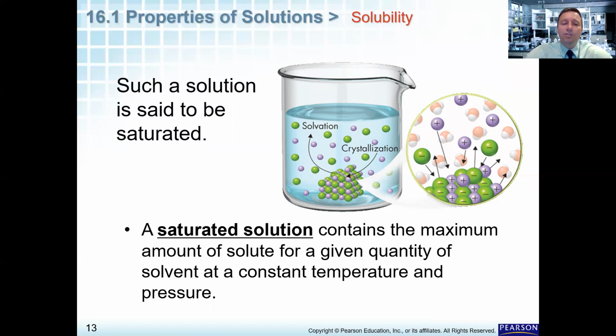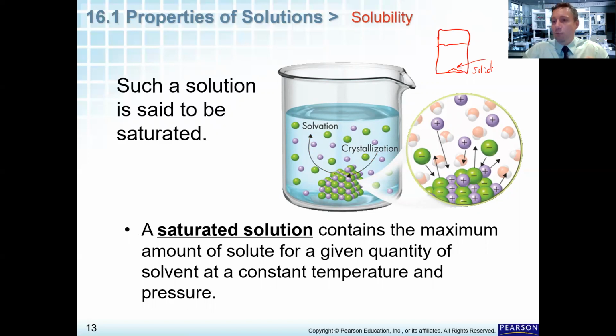So if you saw a beaker, say we have this beaker right here, and it has this liquid in it. And you notice there is a little solid formation on the bottom right there. That tells you that it is a saturated solution.